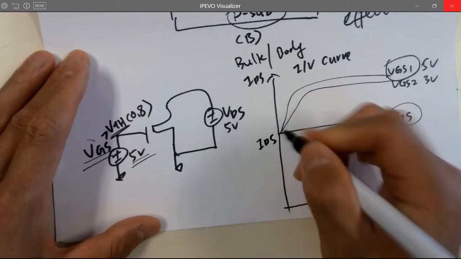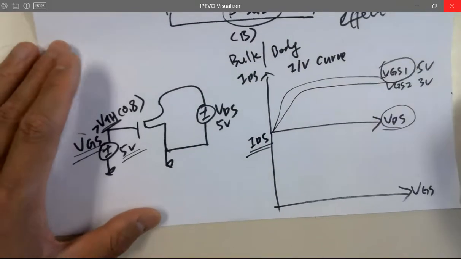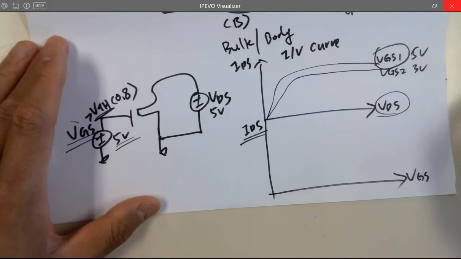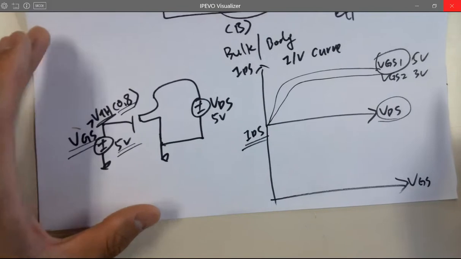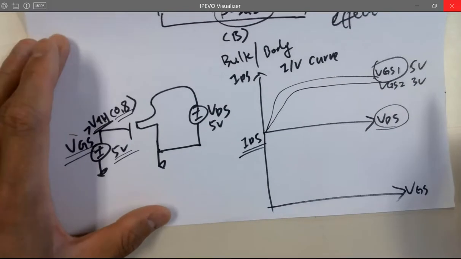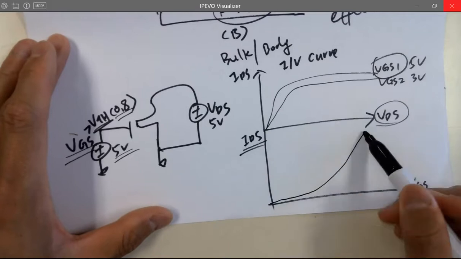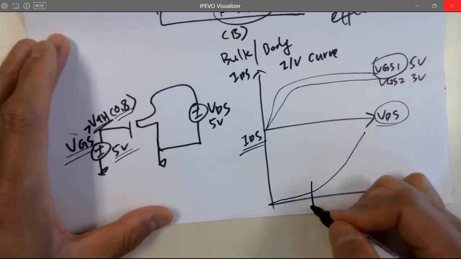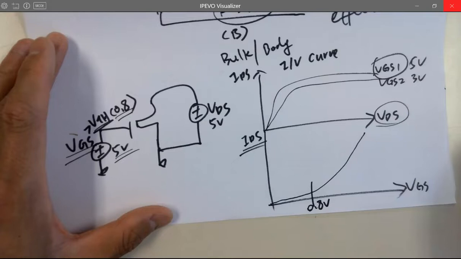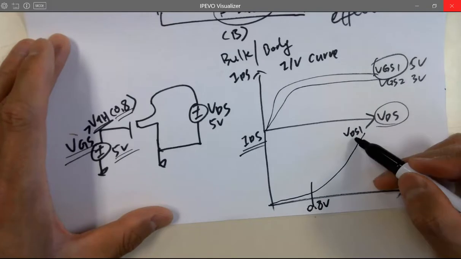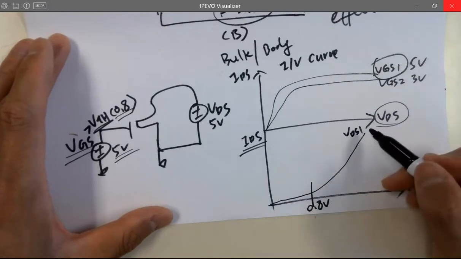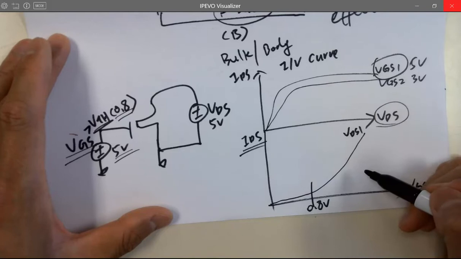So what if you fix VDS but do a DC sweep for VGS? But still looking at the current flow in the channel. Remember, there's a threshold voltage. Right, so there should be the threshold voltage. Then it starts increasing. But this is for VDS1, for example. And if you have a larger VDS, where does the curve shift, left or right?